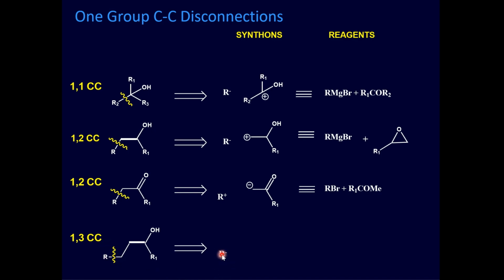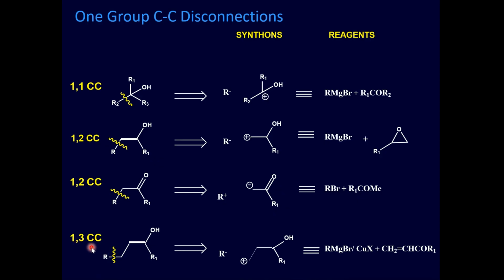R minus is the donor synthon and the remaining part will be an acceptor synthon. To get this acceptor synthon, I'll add a double bond over here, use RMgBr, and treat with an alpha beta unsaturated ketone. It can undergo Michael addition to give rise to the corresponding alcohol by 1,3 CC disconnection.